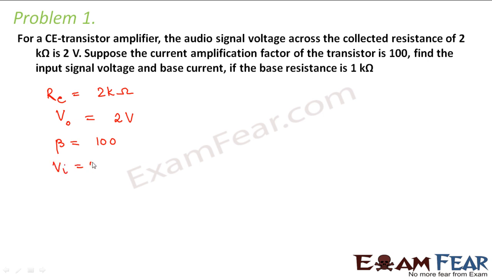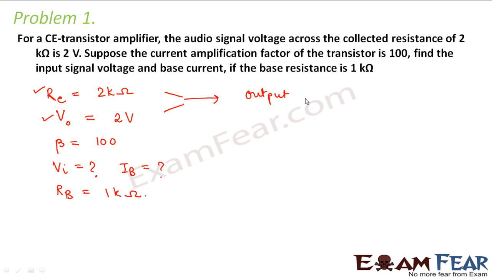The input signal voltage is to be found and the base current is to be found if the base resistance, that is RB, is equal to 1 kilo ohms. So in this case, what all are given? Output voltage as well as output resistance, both are given. So using this, I can calculate the output current.